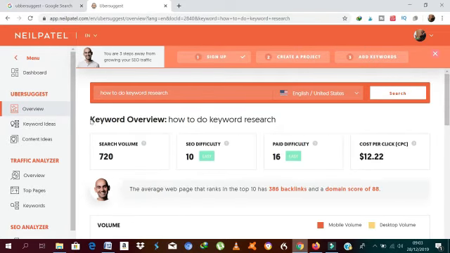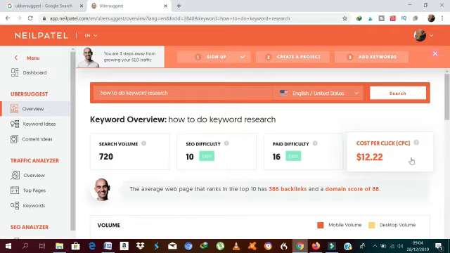So you notice that Ubersuggest gives us some metrics here. For instance, this keyword has a search volume of 720 and the SEO difficulty is 10, which is easy to rank this keyword. And the paid difficulty that has to do with advertisement is also easy.